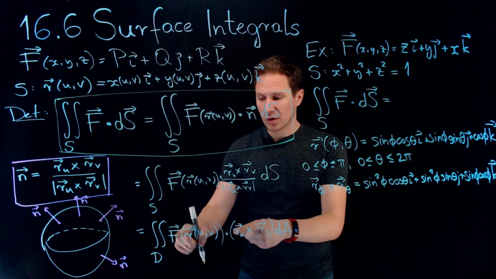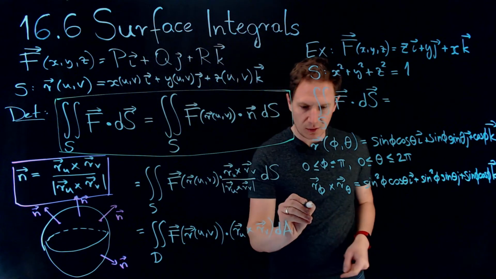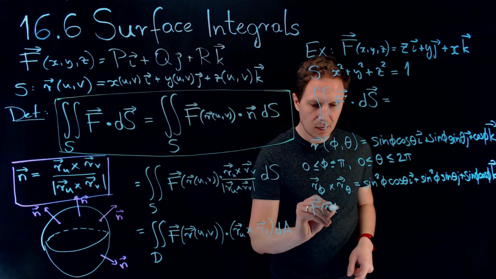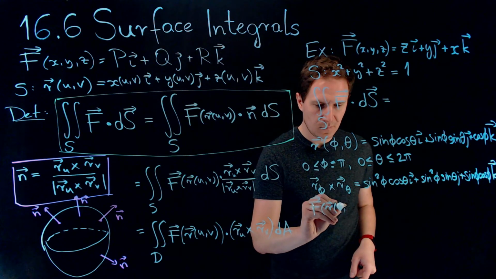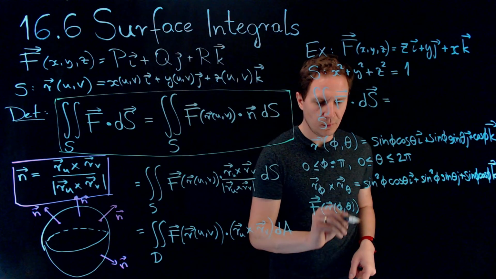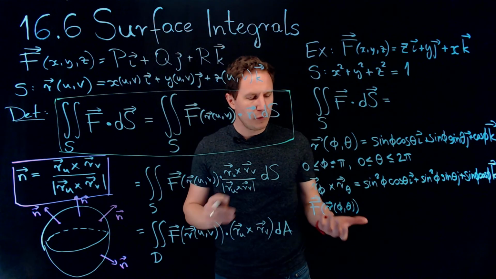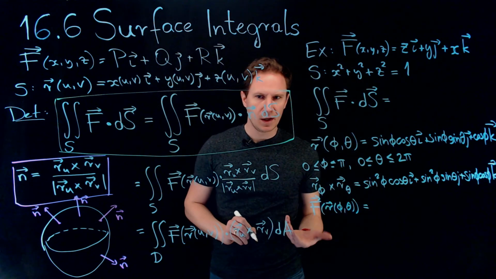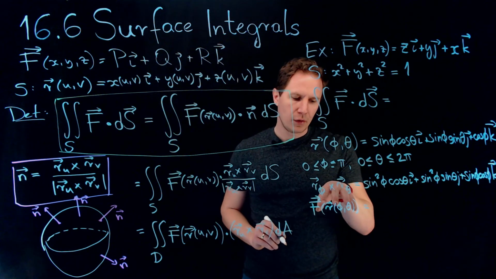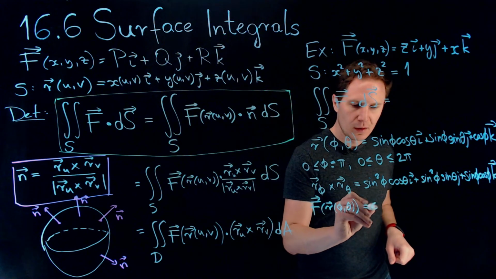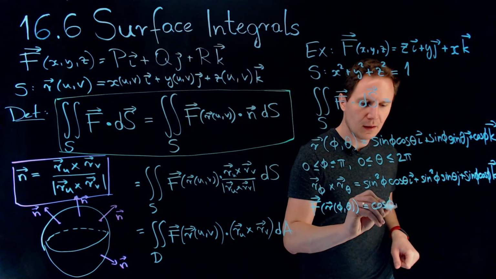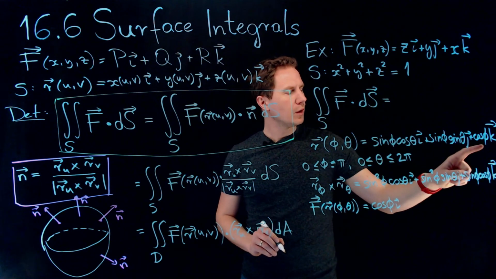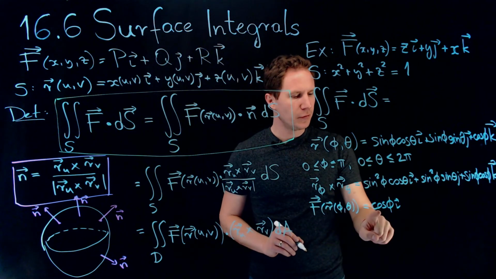So this is going to be the cross product with which we want to take the dot product of f when we evaluate it on the surface. So we look at what values, what vectors f has on the surface of the sphere. So f(r(phi, theta)) is the cosine of phi i, because the first component is z, and z for our sphere is the cosine of phi.